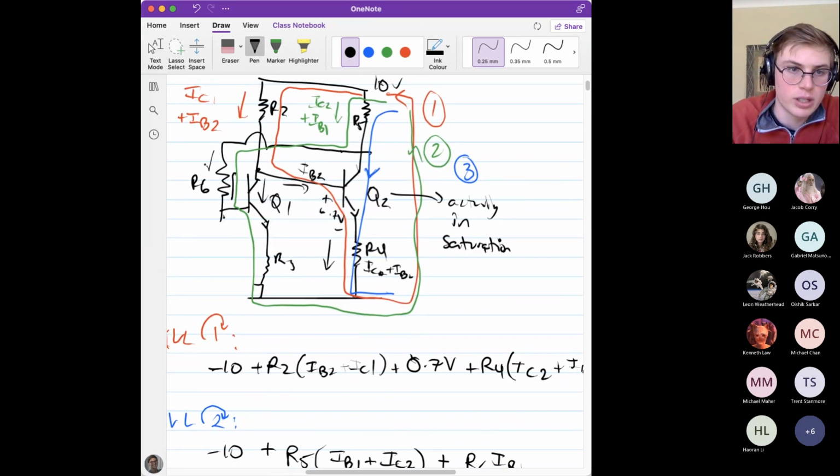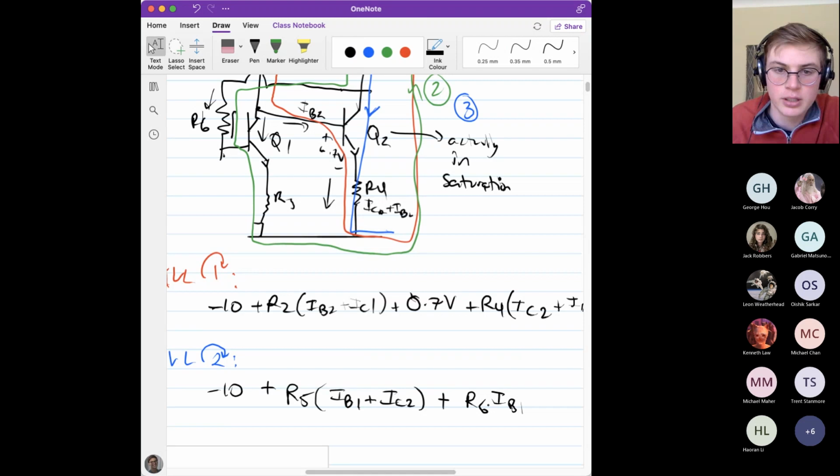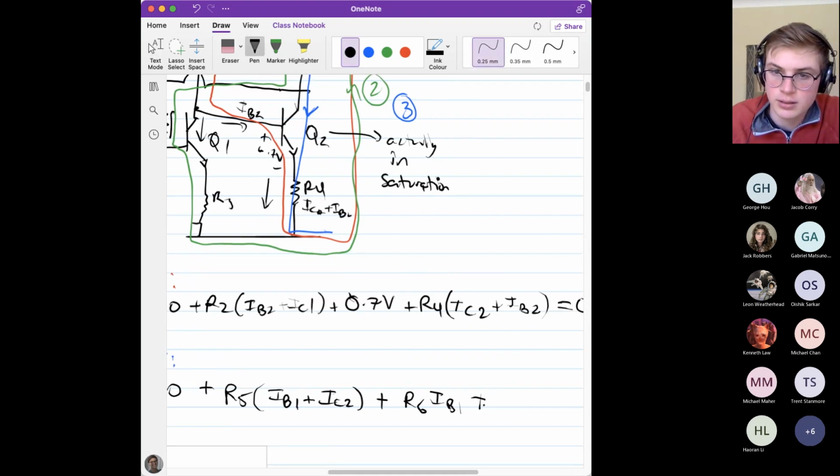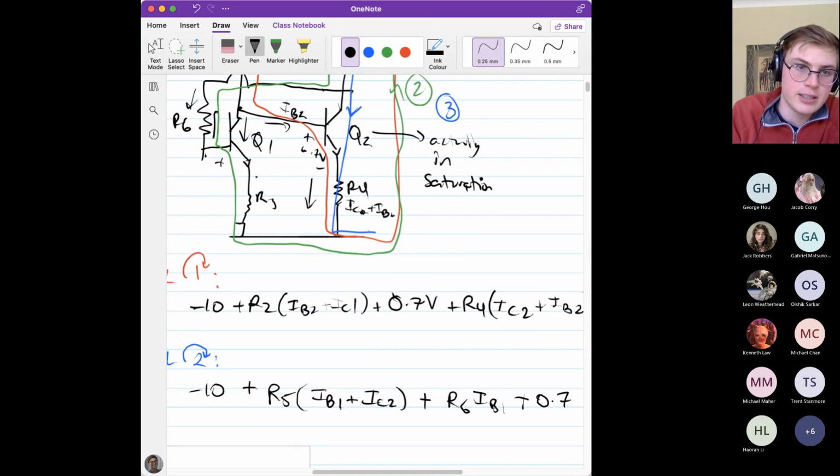So we've got IB1 flowing down into our Q1. And then we're also going to add in the 0.7 volt drop, which goes from here to here.